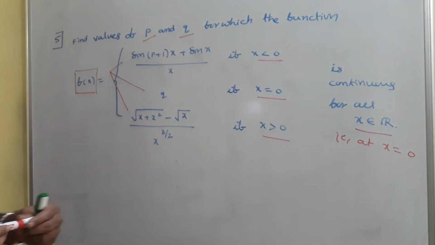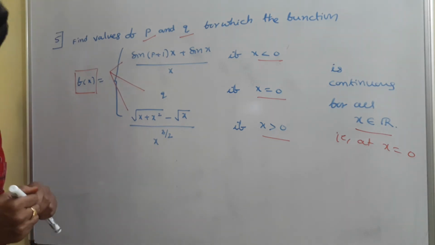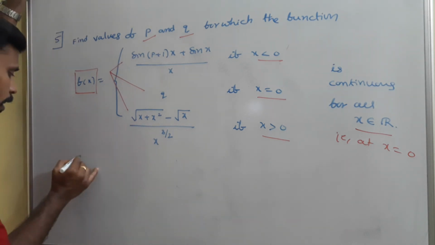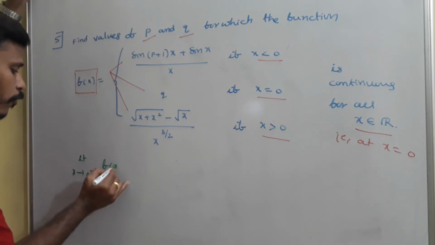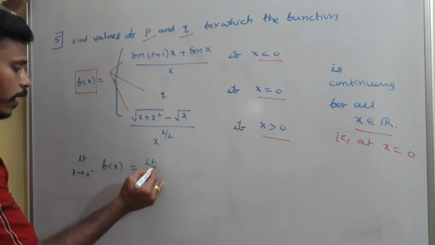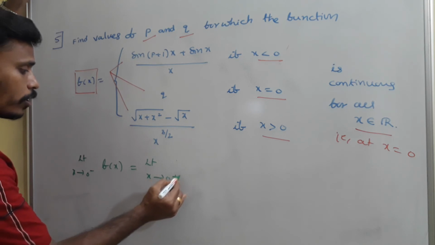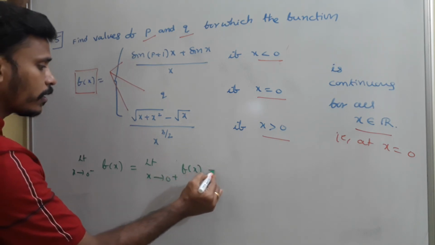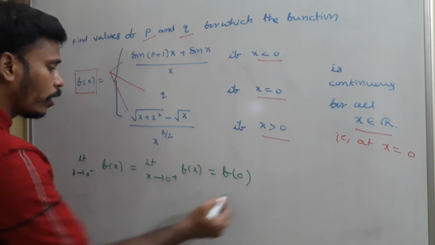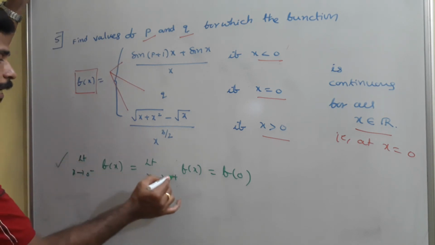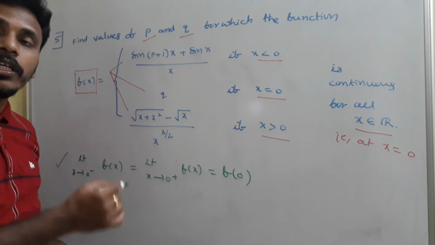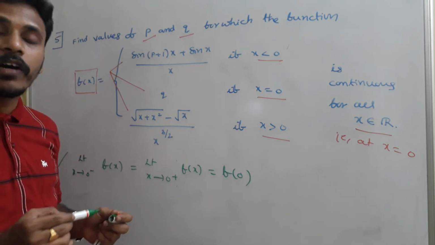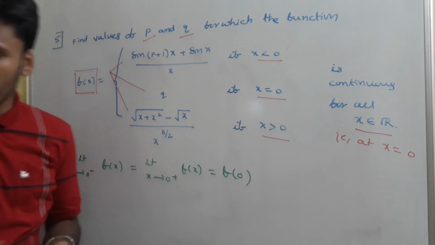Since it is continuous at x is equal to 0, left limit and right limit, limit x tends to 0 minus f of x is equal to limit x tends to 0 plus f of x is equal to f of 0. Left limit at 0, right limit at 0 and functional value at 0, all these three are equal because the function is continuous at x is equal to 0.